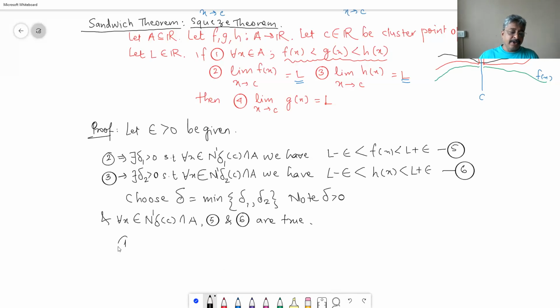We have not used condition number 1 yet. 1 implies f of x is less than g of x is less than h of x, correct?